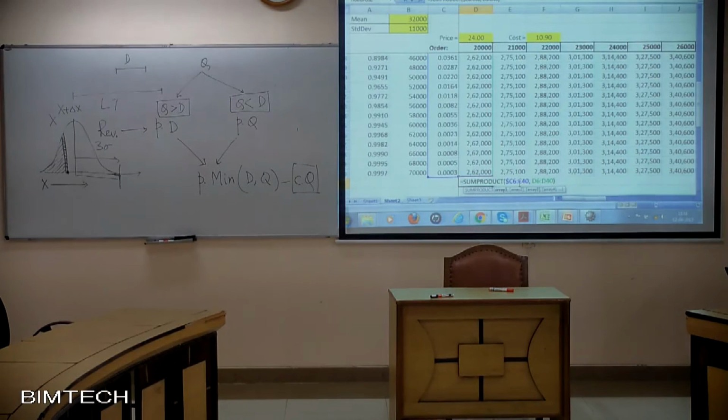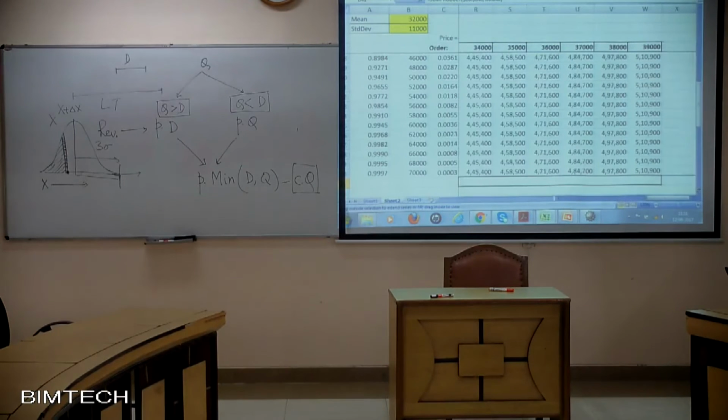So dollar C6 till C40. Okay, so I hope this is also clear. So I press enter, I get an expected profit value, and what I do, of course, is that I drag this to the right as I had mentioned earlier, and there we are.